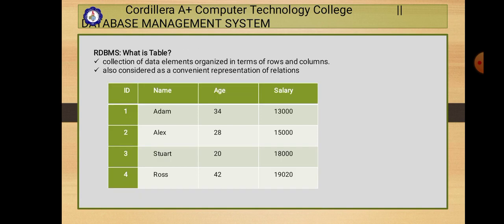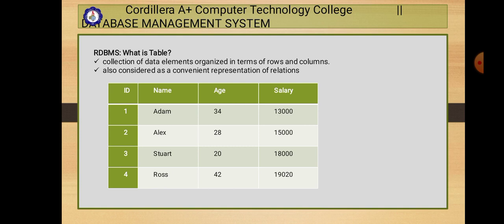Okay, so we have also here the relational database or what is a table. So I believe naman na alam nyo kung anong ibig sabihin ng table. So, here in the basic database management concept, yung database management system natin is based doon sa relational model which was introduced by E.F. Codd. So, doon sa relational model, yung data is stored in relations or doon sa table, and is represented in the form of tuples or yung rows natin.